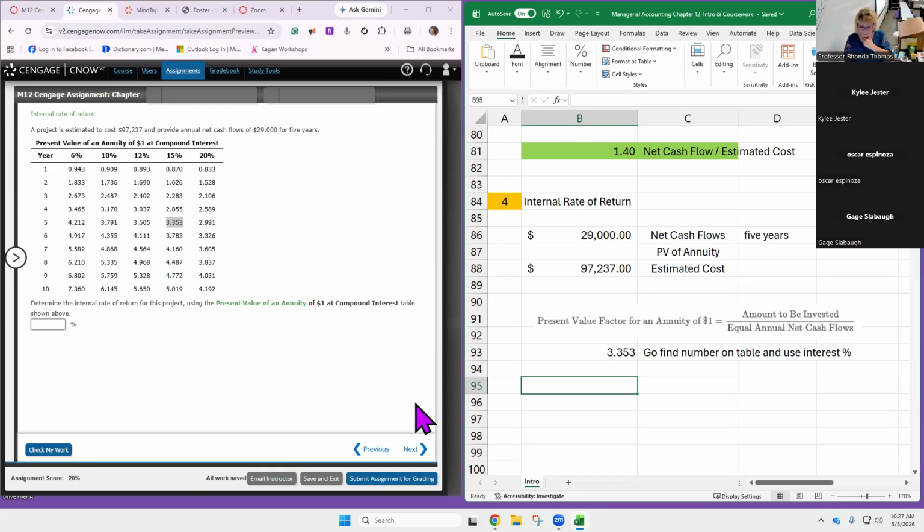So 15% is where we found it to be. The internal rate of return of this project is 15%. They didn't tell us what our minimum is, but if 15 meets it or beats it, that's whether they decide to do the project or not. Once again, this is called the internal rate of return.